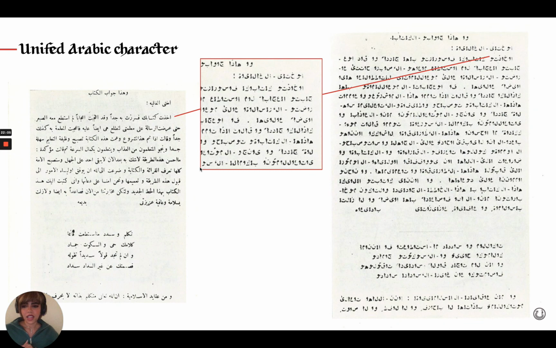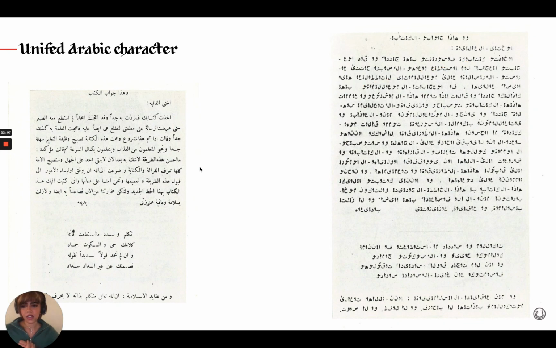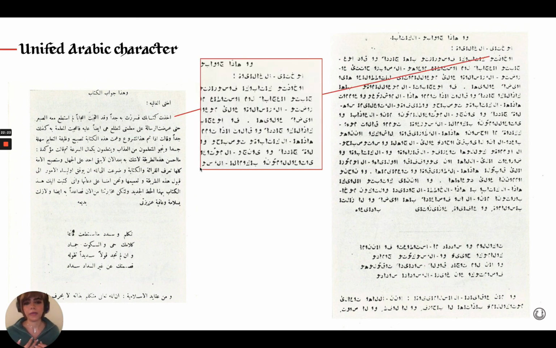Another one is under the category of unified Arabic characters, and this is a full detachment of the Arabic. This sometimes happens right now if the web browser doesn't support Arabic, or sometimes you see a tattoo written that way, or whenever the software isn't supported by Arabic.